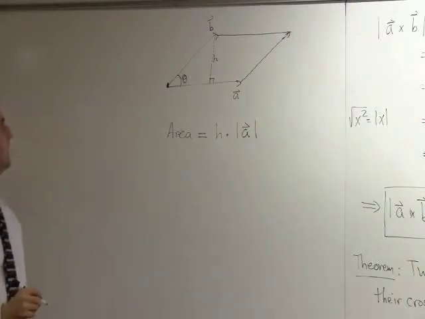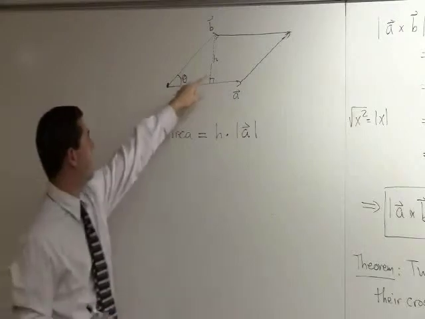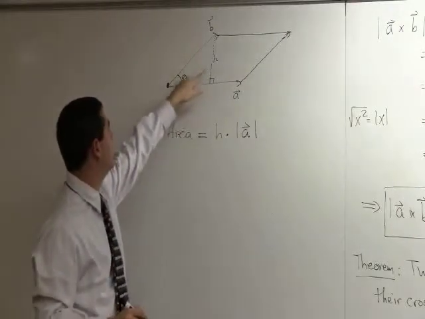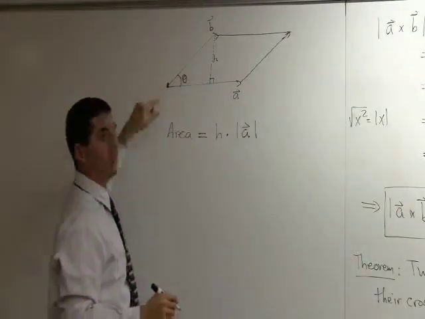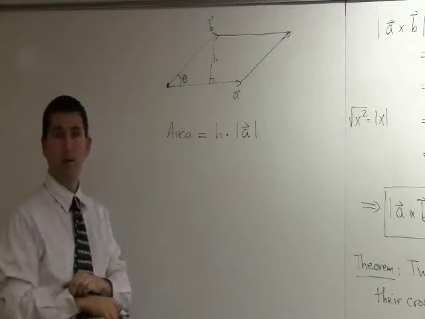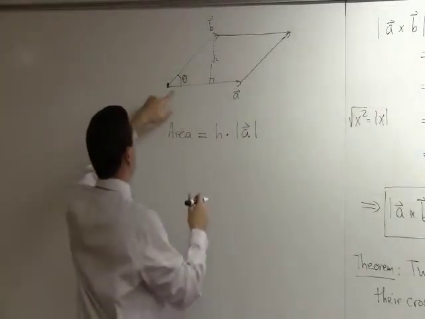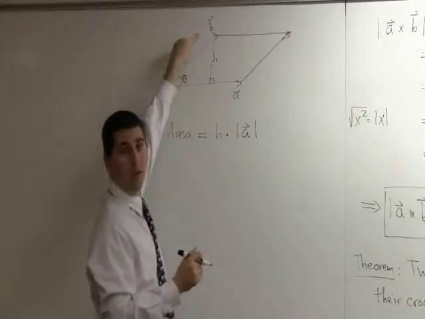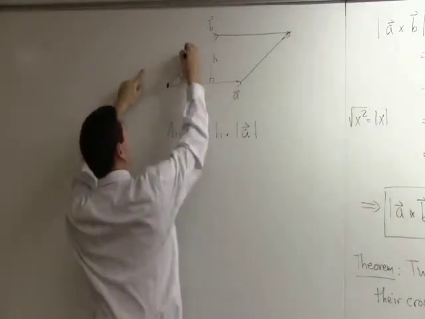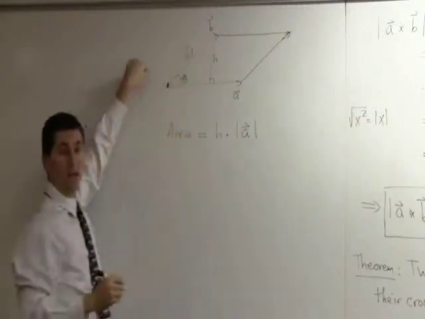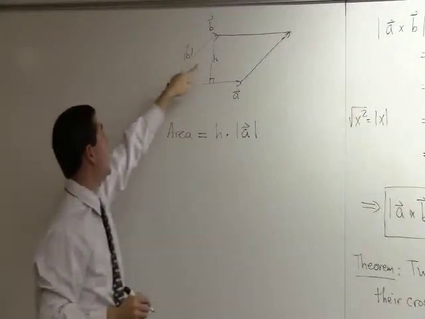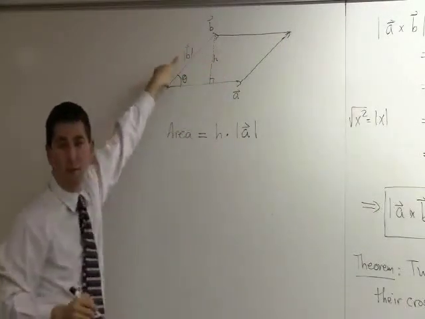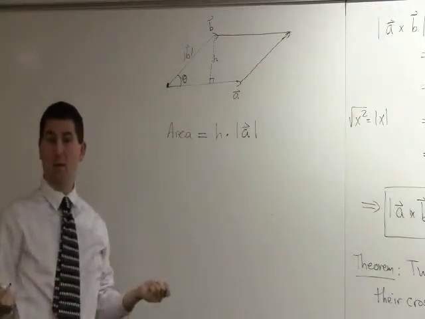Okay, so what is the height? Well, one nice thing is we have a right triangle here. Nice right triangle, so we can use a little trigonometry on it. And we actually know the length of this hypotenuse, don't we? It's just the norm of B. So we know the opposite, and we know the hypotenuse, so that suggests we use sine.